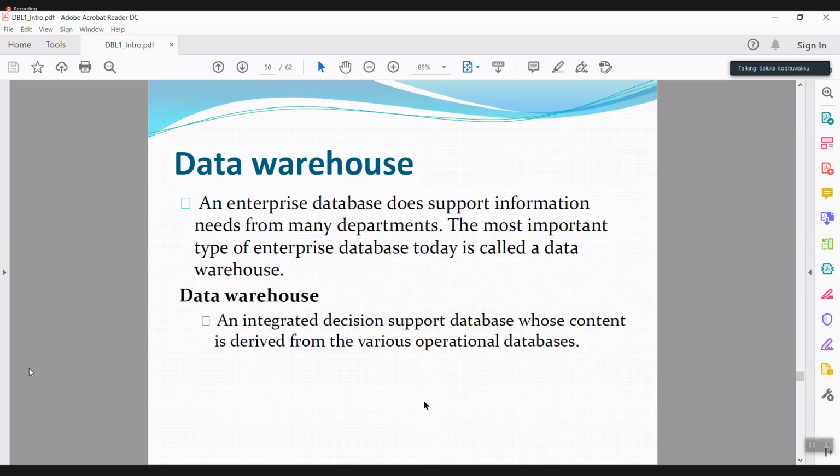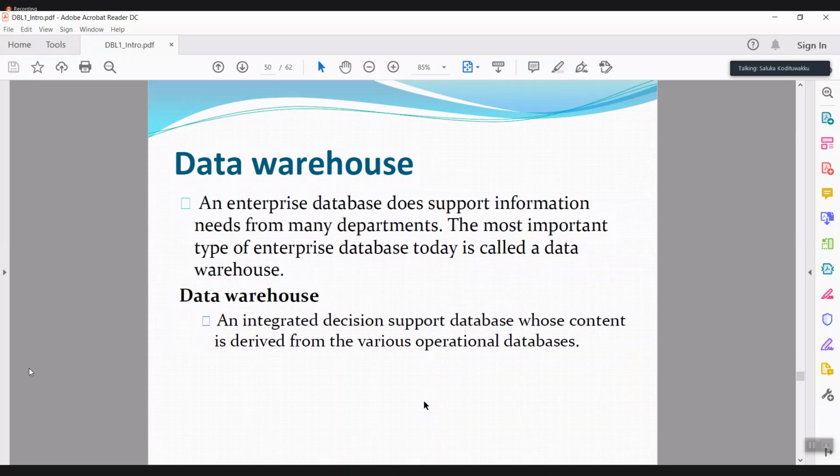Sorry, that's why we need the data warehouse, because even though we say that an enterprise database is the biggest, sometimes except the World Wide Web, the enterprise databases created by database designers may not meet the requirements of all the stakeholders. And therefore we move to the data warehouse from databases. And what is the data warehouse?